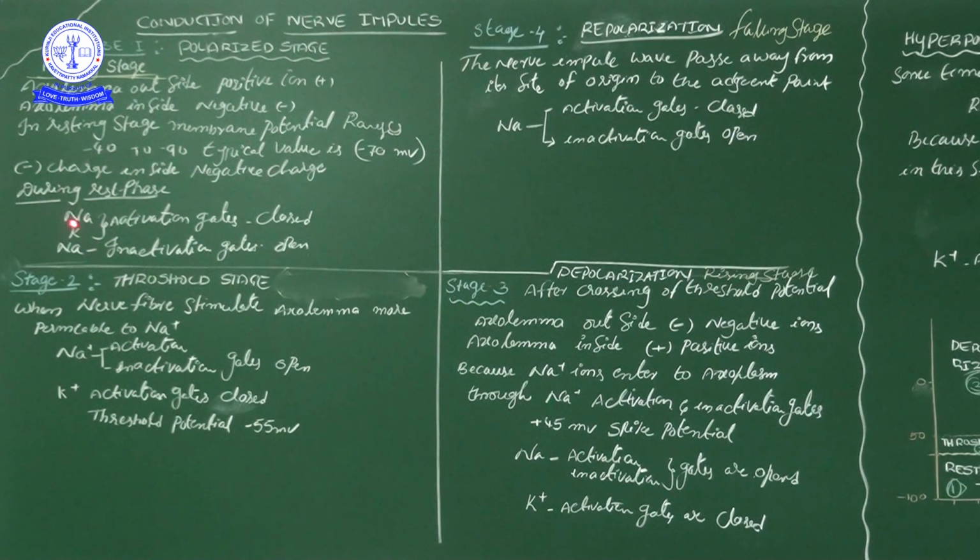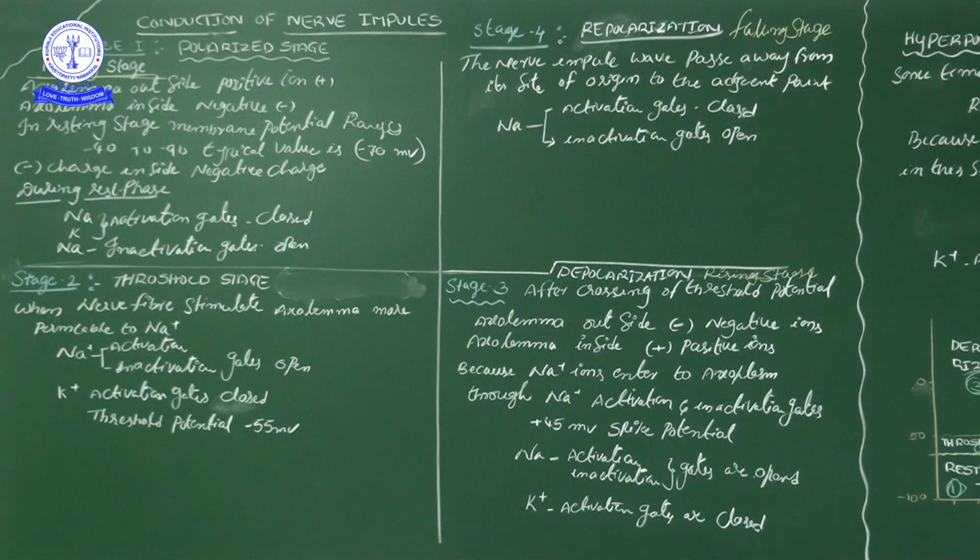So here the sodium and potassium activation gates are closed, and the sodium inactivation gates are open. These stages we have to remember. This is the resting stage. In the resting stage you don't have any sound or stimulation; your body is in a normal neutral condition.